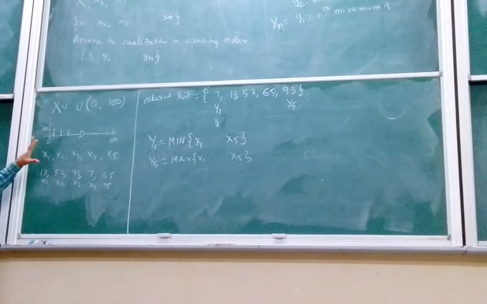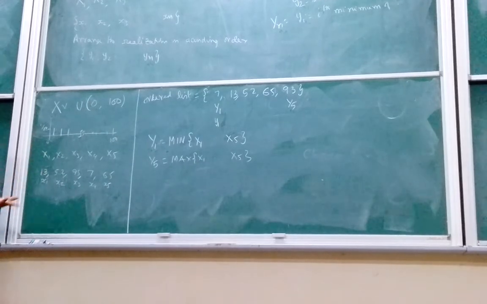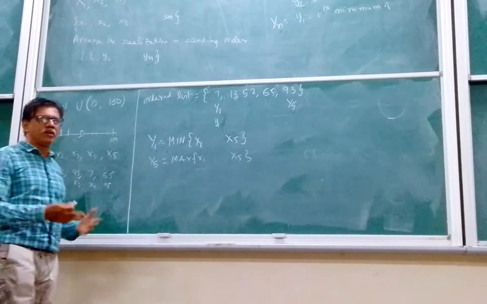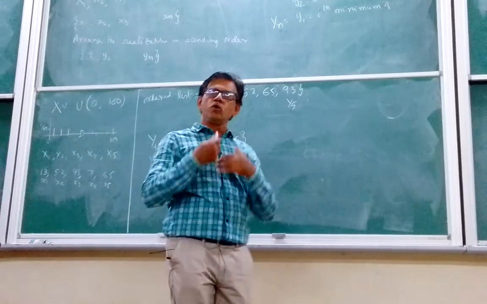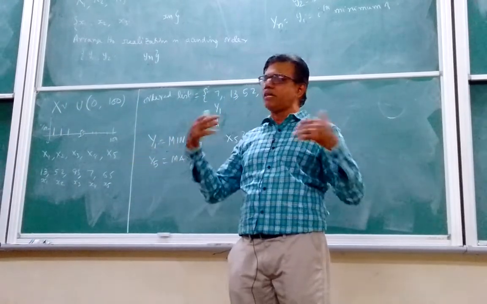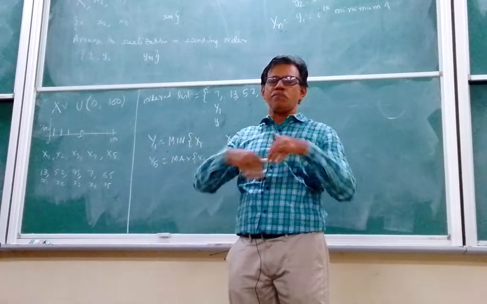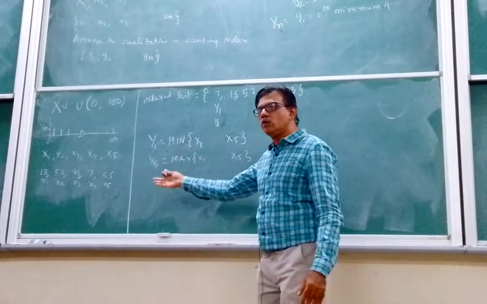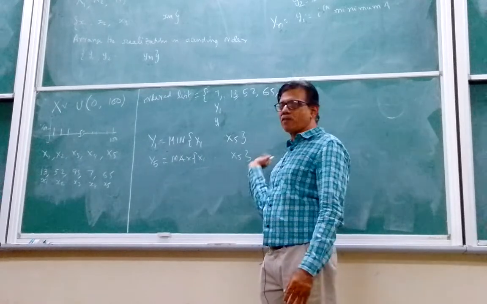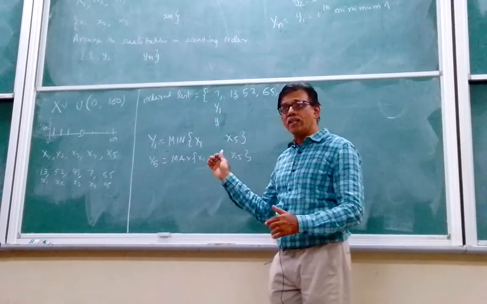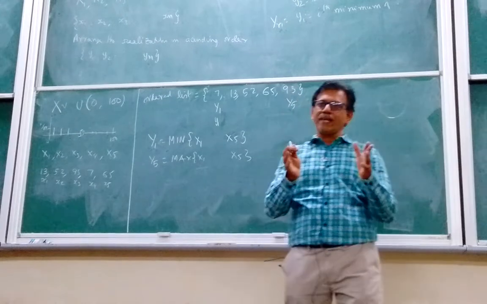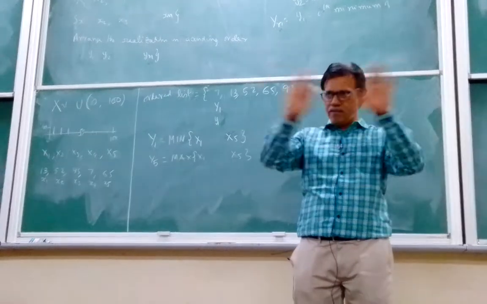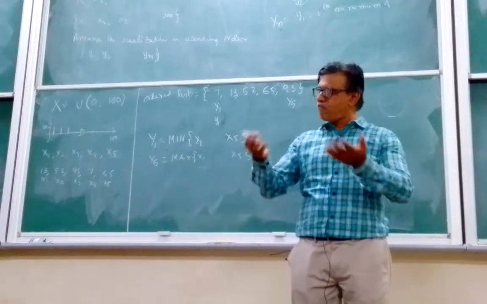So this is what we are interested in. You will quite commonly encounter these things. You conduct an entrance exam or something, some marks are obtained, and you are interested in the minimum value and the maximum value you will get. Not only that, let us say you want to select 30% of the candidates who wrote the exam for the job.